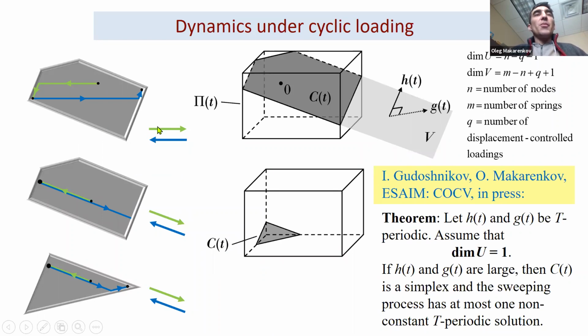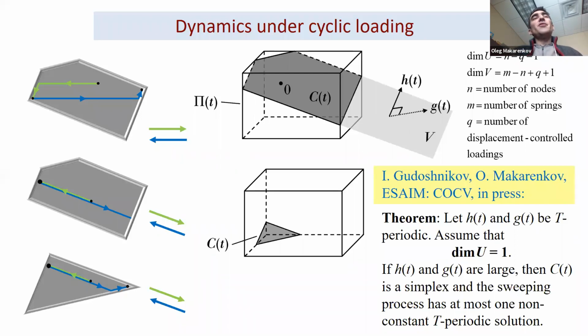If we move our constraint back and forth, then we can get different types of solutions.